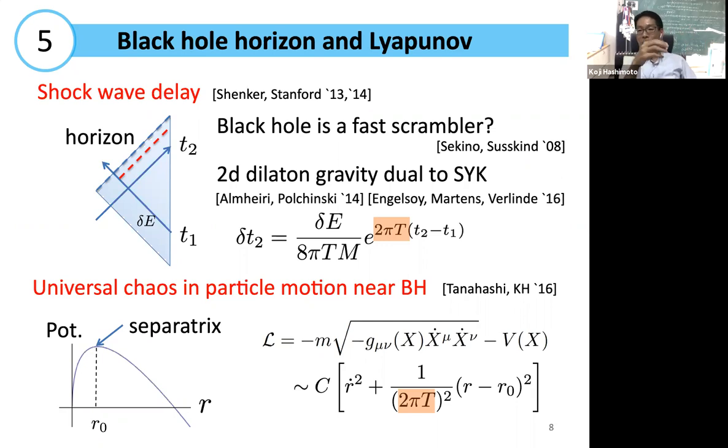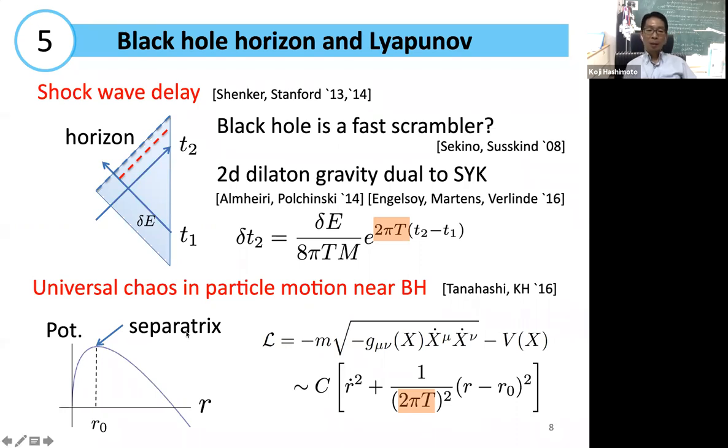So if I want to probe the near-horizon behavior, you have to pull that particle away from the horizon in the opposite direction so that it stays around the black hole. It could be, for example, an electromagnetic force or anything.